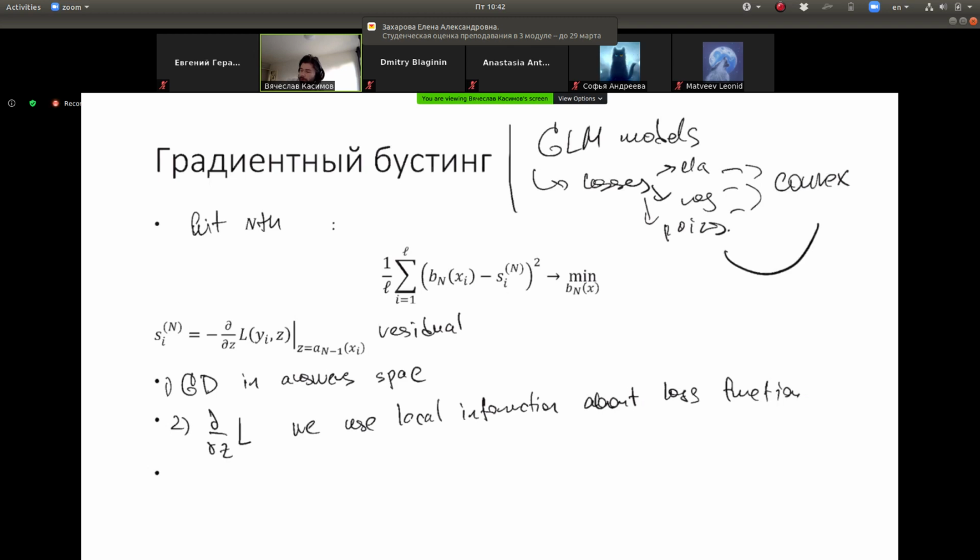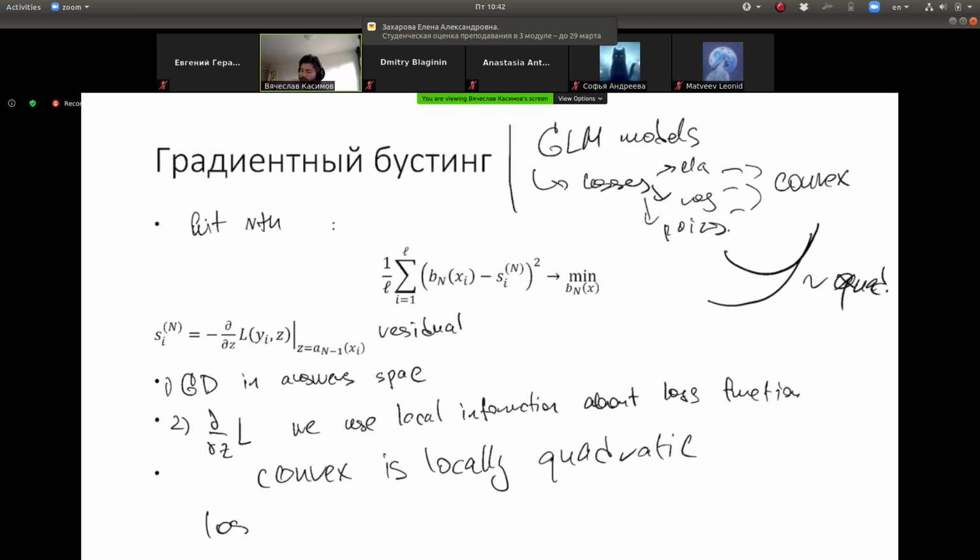And all convex functions somehow look like a quadratic function locally.